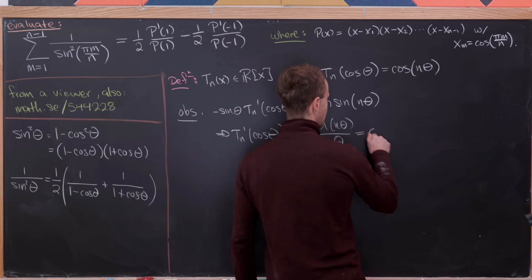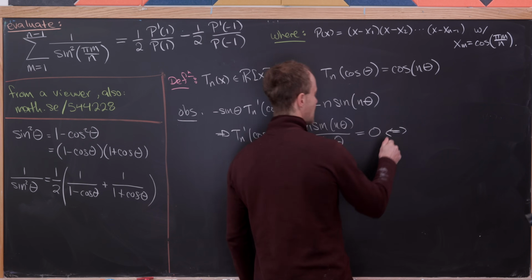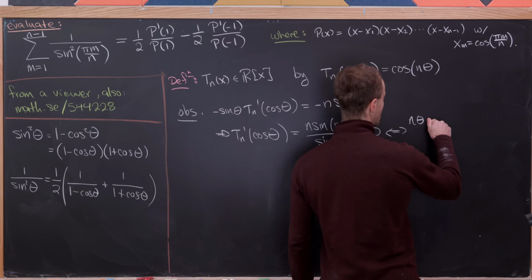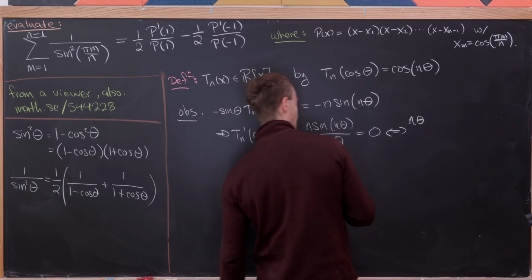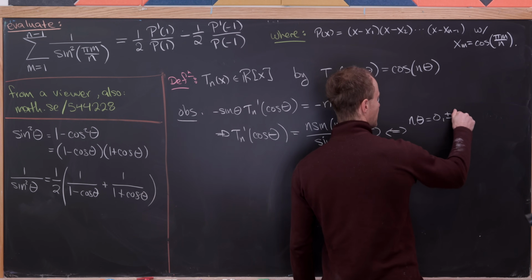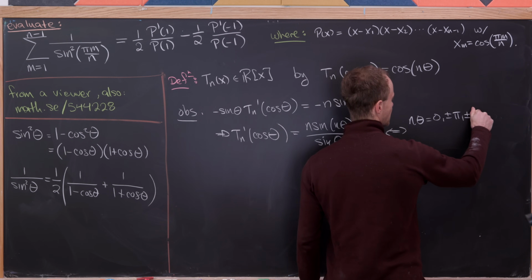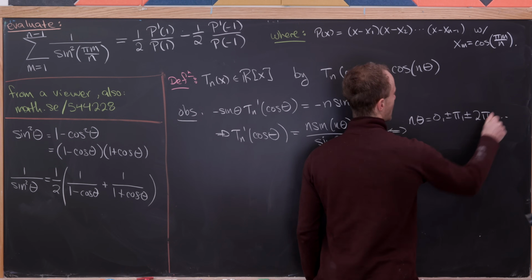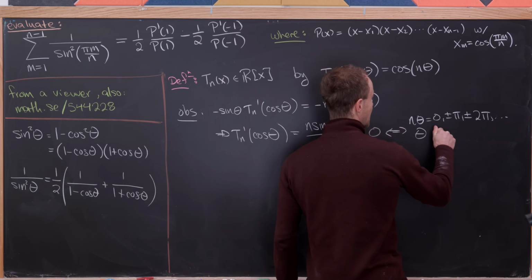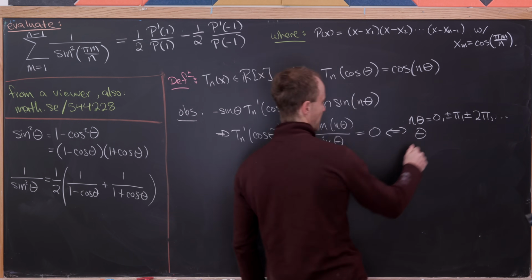Let's observe that this is equal to 0 if and only if n times theta is equal to a multiple of pi, so it's equal to 0, plus or minus pi, plus or minus 2 pi, and so on and so forth, while theta is not a multiple of pi.